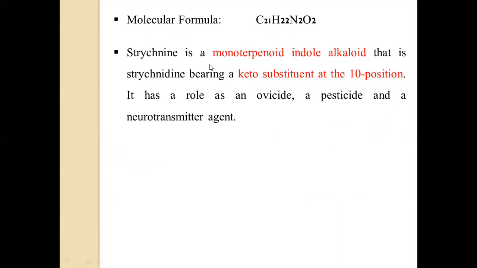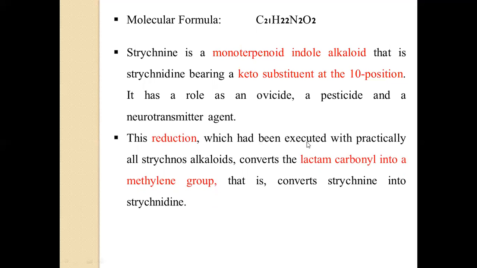Strychnine is a monoterpenoid indole alkaloid because it contains the indole nucleus and it also has isoprene units. That's why it is called monoterpenoid. It has a keto substituent at the 10th position. We have already seen that there is a keto group.